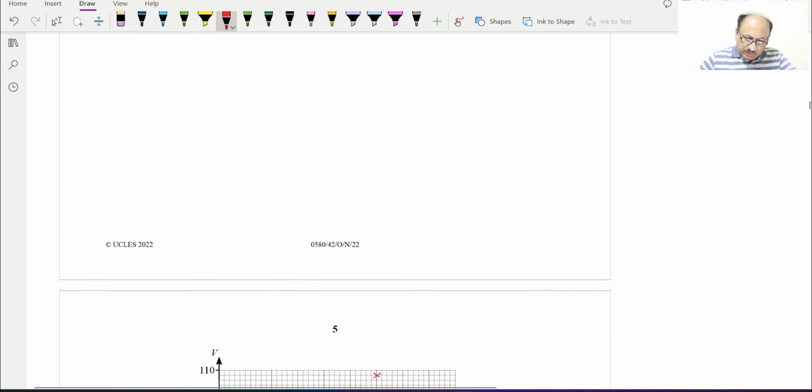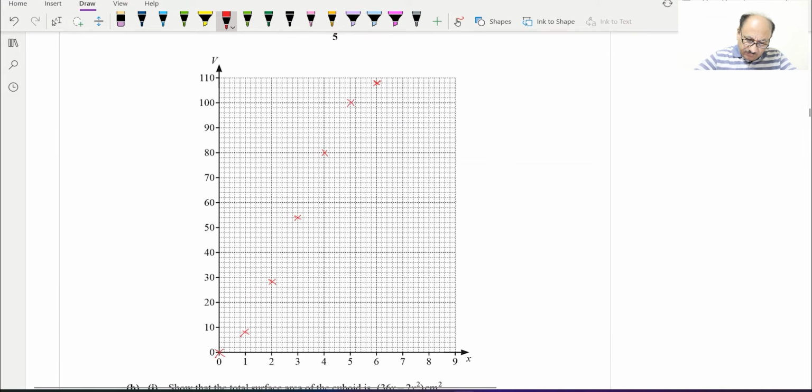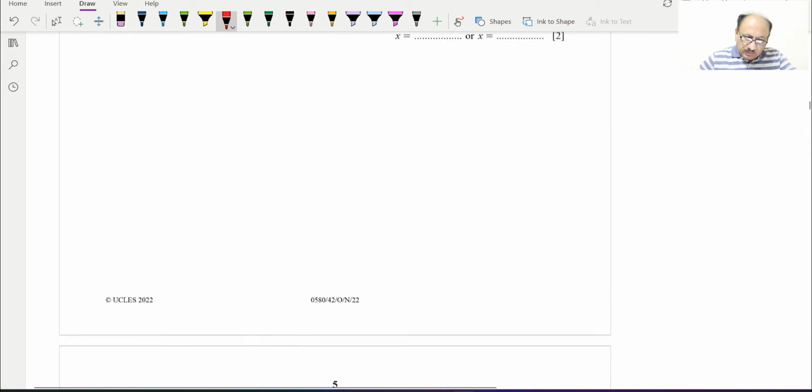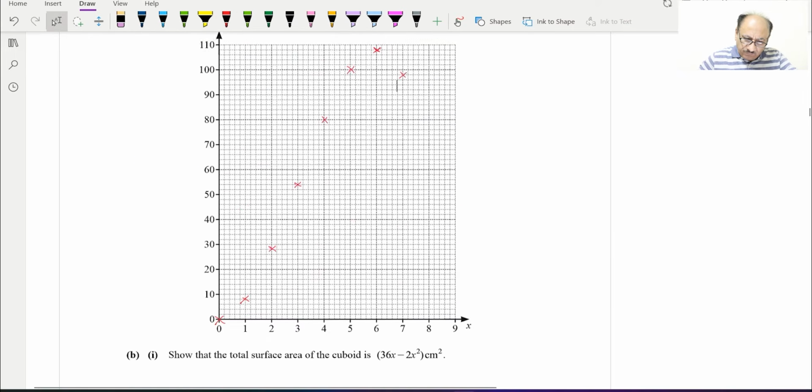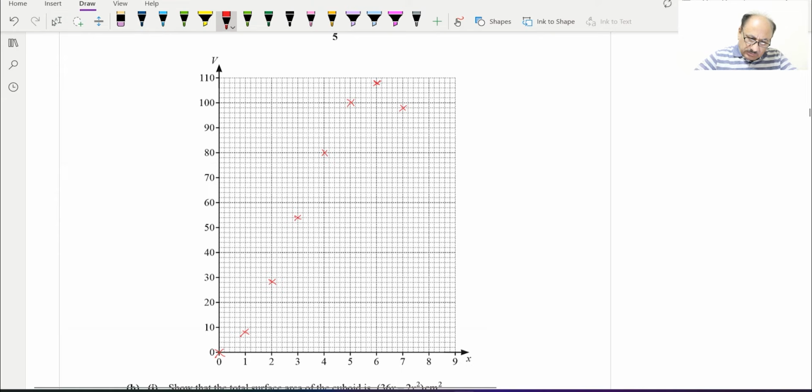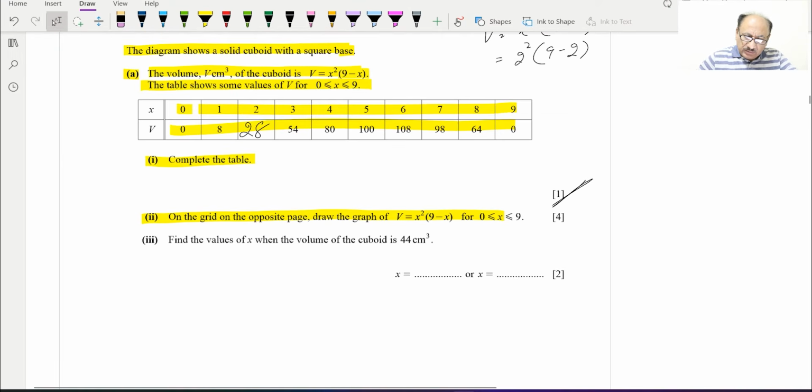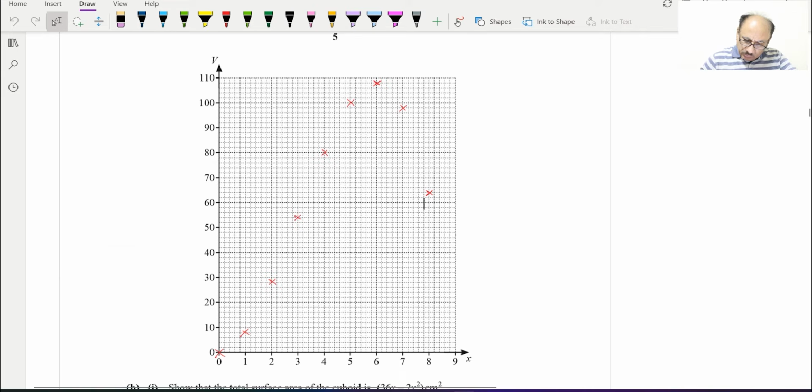Then 7 and 98 will be this one. Then 8 and 64, so 8 and 64 we also got. And next is 9 and 0, so 9 and 0 will be on the x-axis. So we have drawn this. Now after this, basically we have located the points.